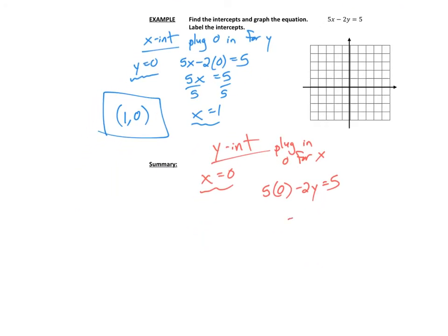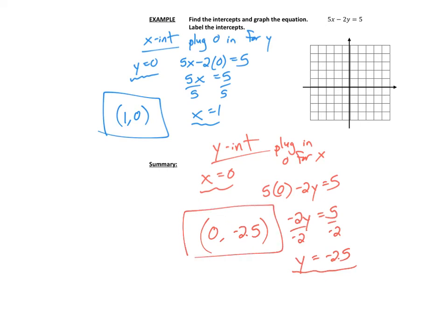So we end up with -2y equals 5. Divide by -2, y equals -2.5. So you have x, you have y, and that is your intercept.